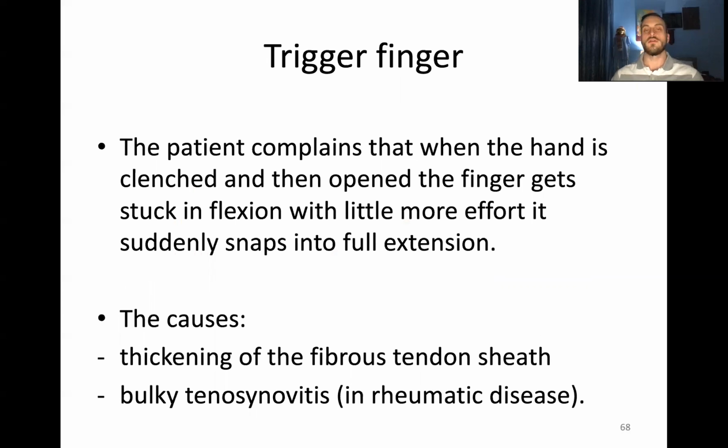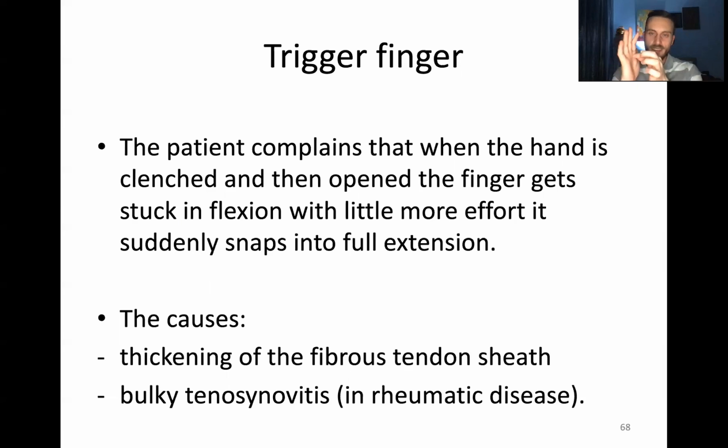Okay, trigger finger. Very important, very common. So what's a trigger finger? As you all know, in the flexor aspect, for the flexor tendons, we have something called pulleys. What are the pulleys? They're like holders that hold the tendons so they don't bowstring.